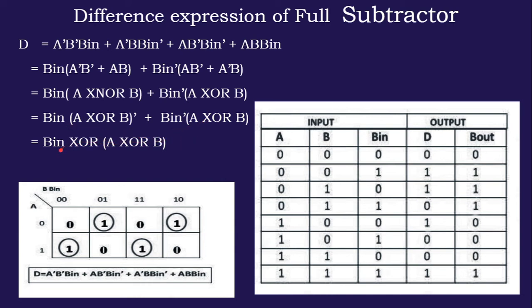So we can write B in XOR of A XOR B. Finally, by simplifying, we get the difference as B in XOR of A XOR B, which is why we use two XOR gates.